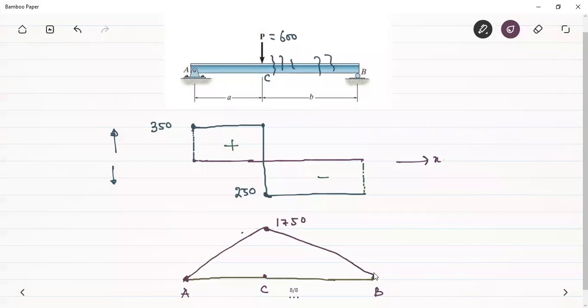So what becomes the critical section as far as the bending moment is concerned? Section C is critical from the bending point of view, because it is subjected to the maximum bending moment and it will be subjected to maximum bending stress.